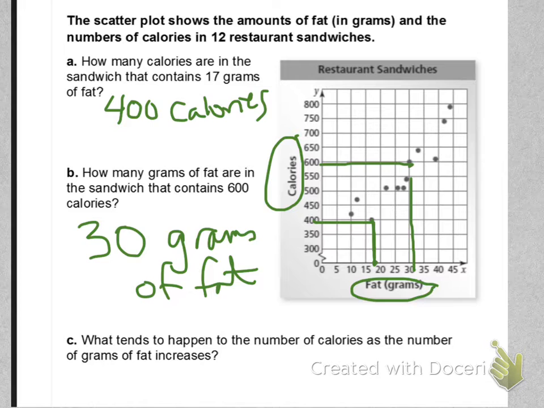So what tends to happen to the number of calories as the number of grams of fat increases? So let's look at our line. It's kind of in a positive direction. So as the number of fat grams increases, so do the calories. The calories also increase. So it's a positive relationship.